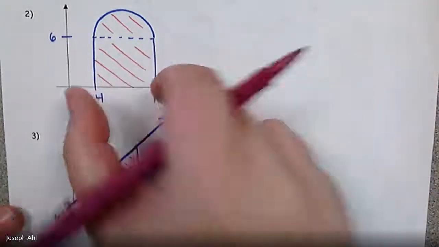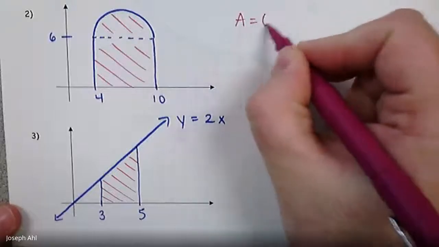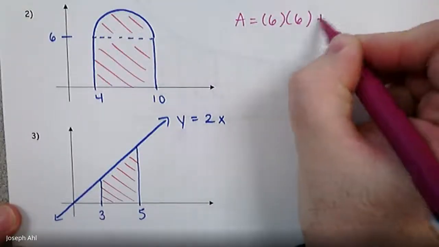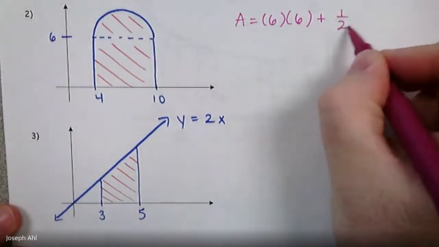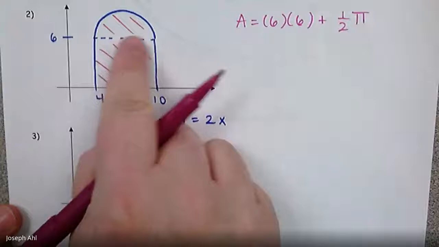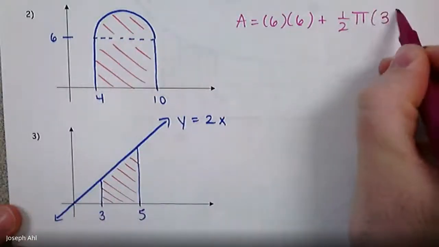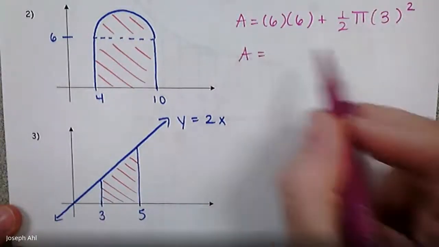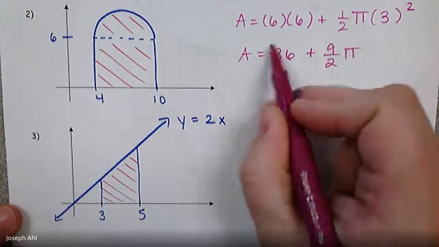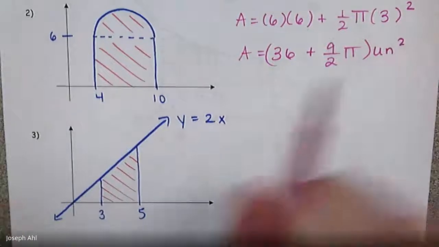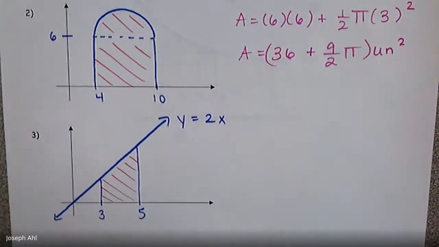So this is a base length of 6 times a height of 6, plus then we have to take half the area of a circle, so pi r squared, where the radius is 3. So therefore the area equals 36 plus 9 halves pi. And again, this would be square units. Okay. So we've got that one.